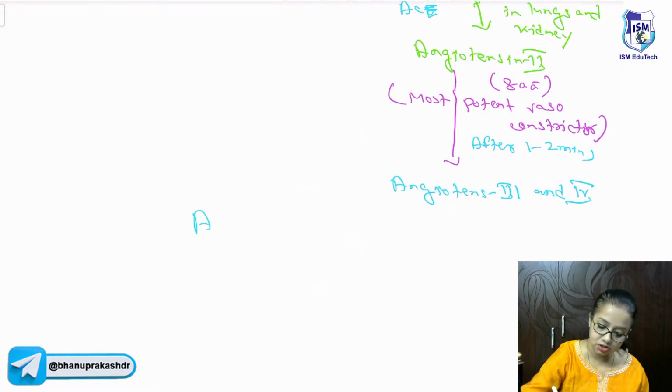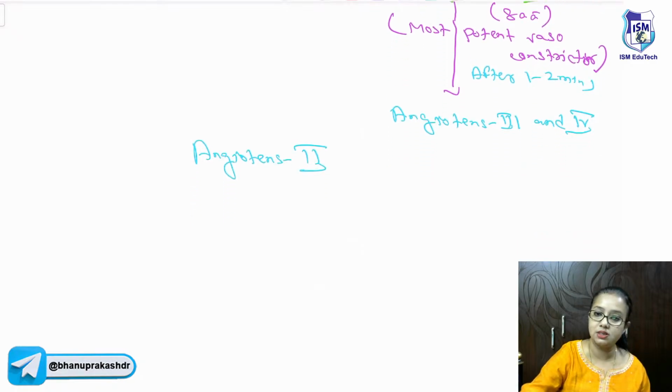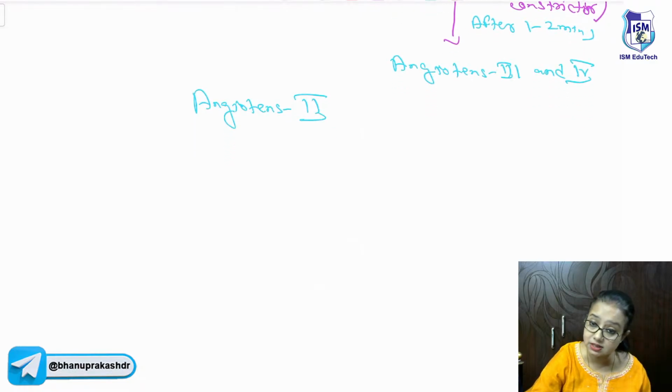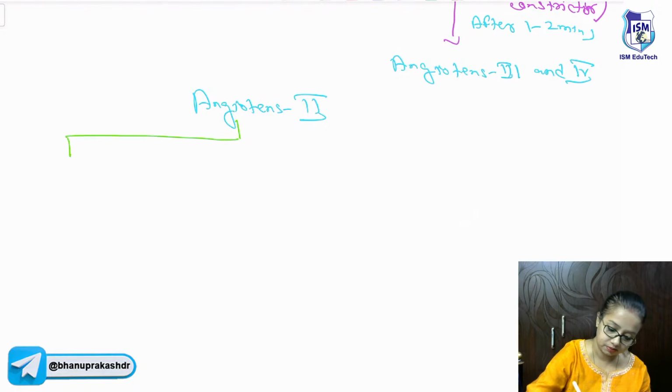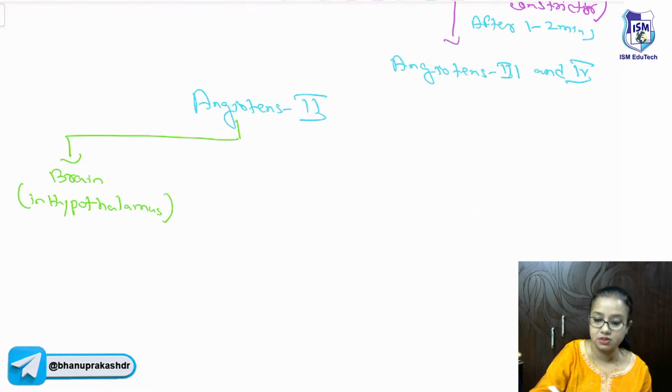Now, this angiotensin 2 has receptors in the brain, in the kidneys, in the adrenal cortex, it has receptors everywhere. So, it will have multiple functions. In the brain, in the hypothalamus, what will it do?